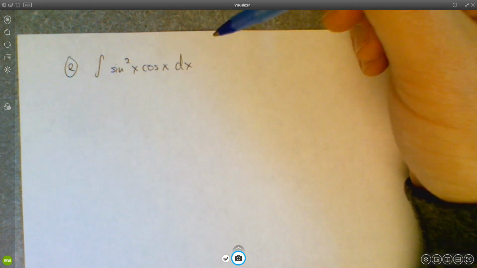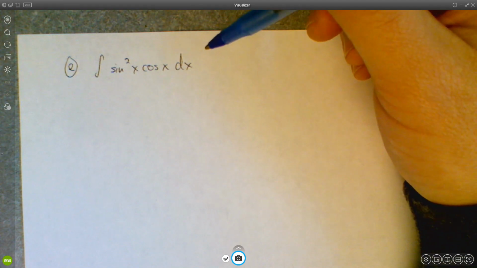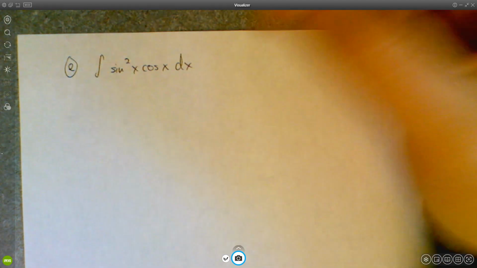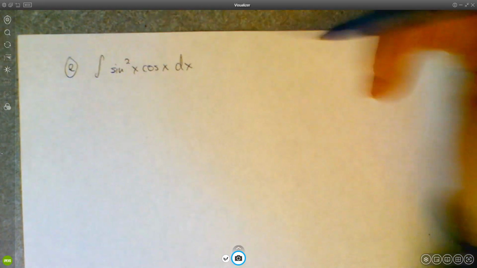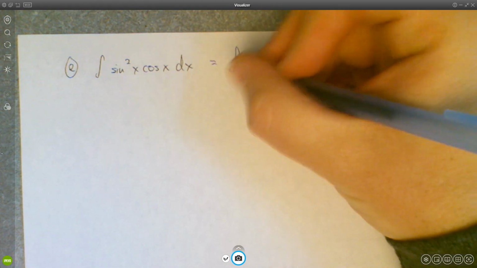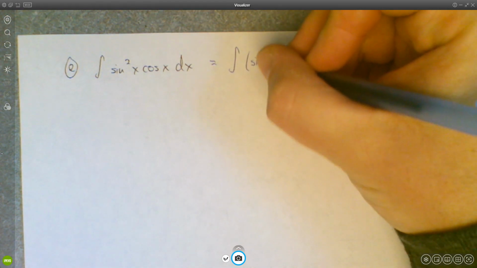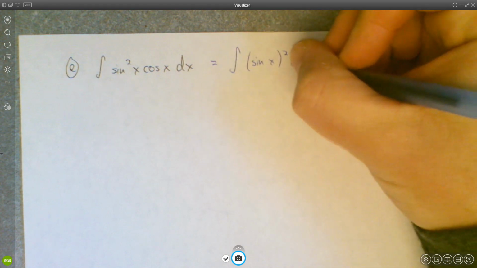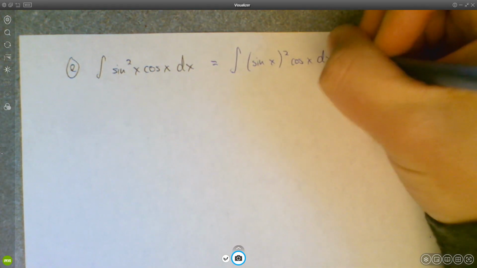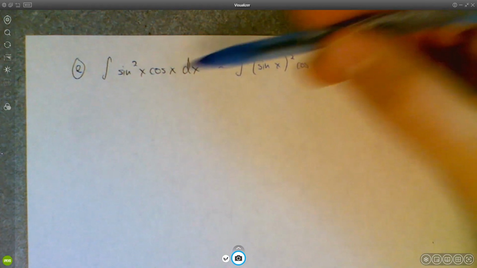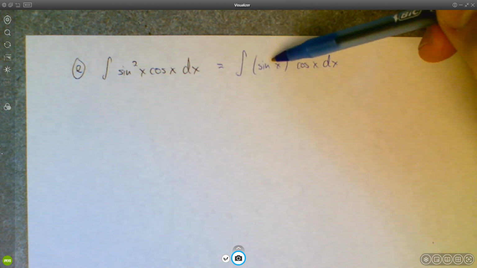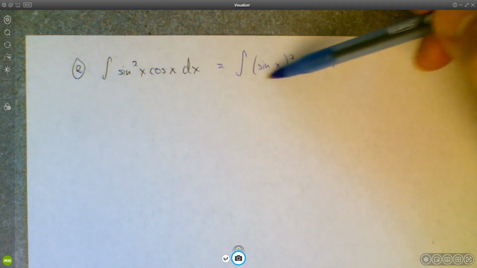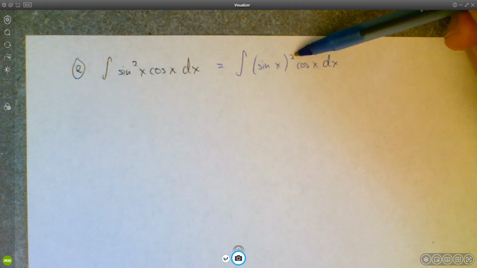But if I do a clever u substitution, I think this will actually work out pretty nicely, because notice, I can kind of think of this like, alright, so this is sine x squared. This is just another way to write the same exact thing, but I think it's maybe a little bit more clear like this, because notice that we've got a composition here. You have something squared.